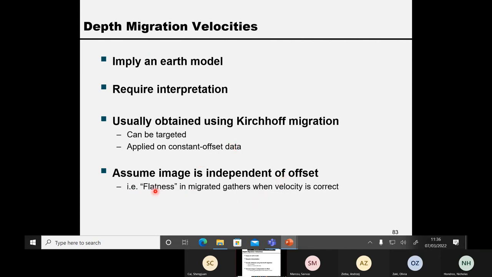The assumption here is that for individual points, individual deflectors, the image should be flat. If it's not flat, you just make an adjustment. That's the key. That's the key. So one technology called tomography actually starts from here.